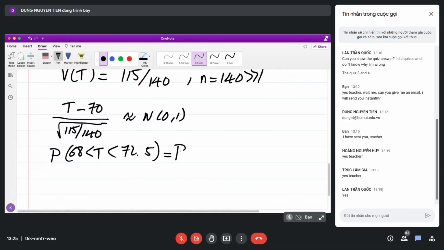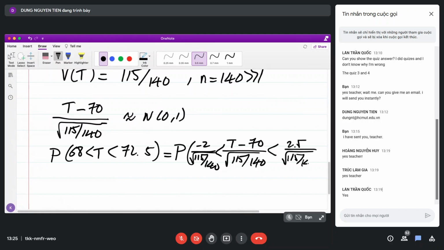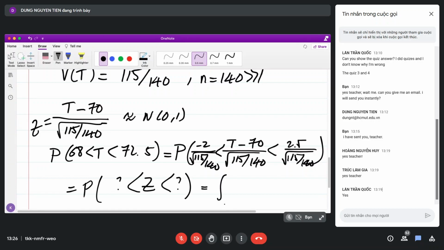Then you come up with the probability that minus 2 over the square root of 115 over 140 is less than (T minus 70) divided by the square root of 115 over 140, which is less than 2.5 divided by the square root of 115 over 140. Let's say this is Z. Then you get the probability that Z is between the two values, and then you can use the calculator to compute the integral. Okay, questions?